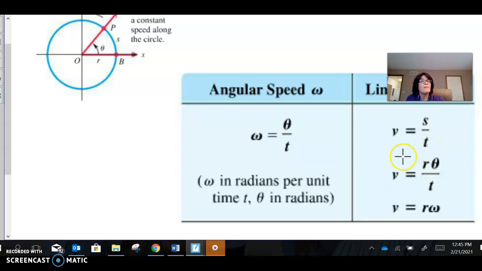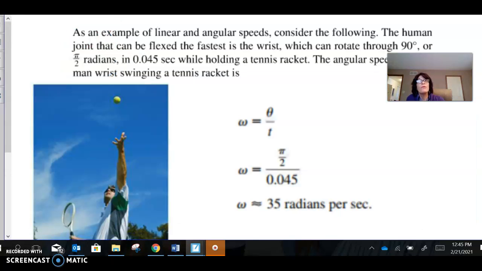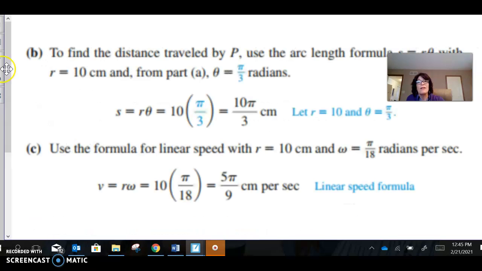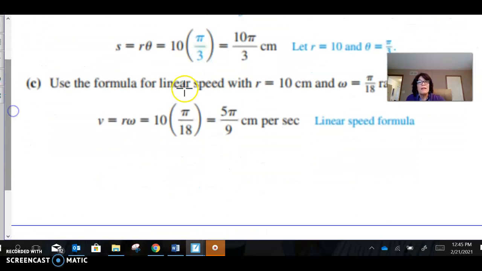We could take r times theta divided by time, which, since we already have omega, we might as well just take the radius times omega because we have more exact things for that. They told us omega. They told us the radius. So the linear speed is 5 pi over 9 centimeters per second.